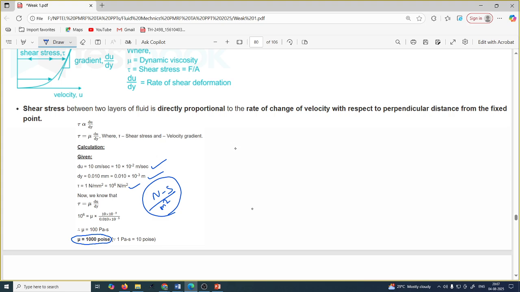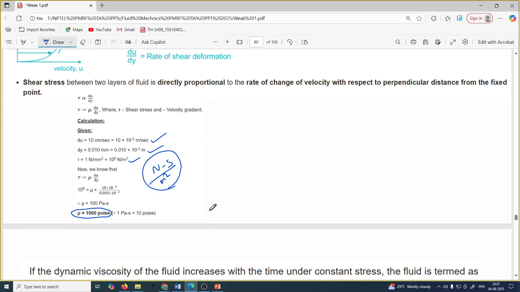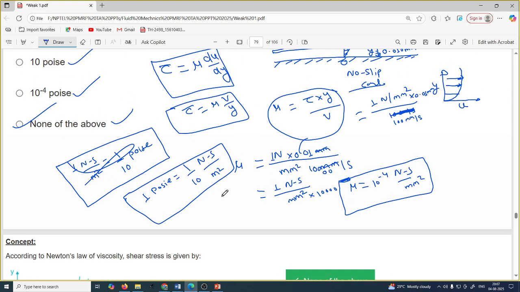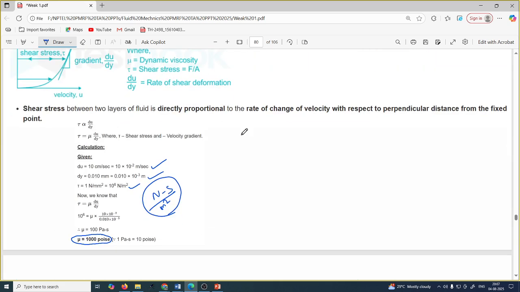And 1 Pascal second is Newton second per meter square. So 1 Pascal second is equal to 10 poise. This also remember always. 1 Newton second per meter square is equal to 10 poise, or you can say 1 poise is equal to 1 by 10 Newton second per meter square.